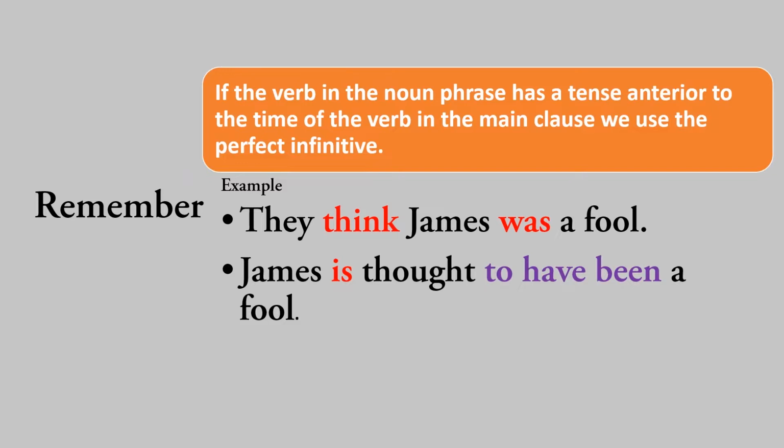We have a tense that happened before "think". We can have was, the past perfect, the past continuous, etc. We need to have: James is thought to have been a fool.